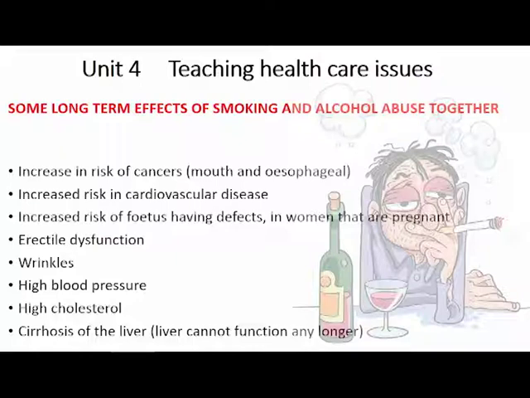In terms of fertility and pregnancy, there might be a risk of fetal alcohol syndrome to the baby if a person is pregnant, which can lead to some defects in your baby as well. For men, there might be erectile dysfunction. Wrinkles: a person's face gets more wrinkles faster, so you look older than you are. High blood pressure, high cholesterol, and cirrhosis of the liver.